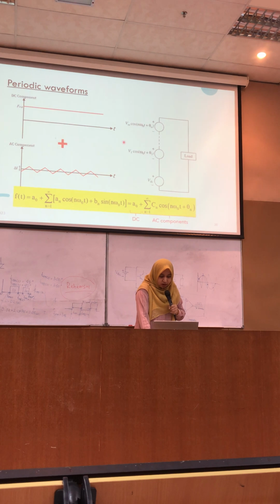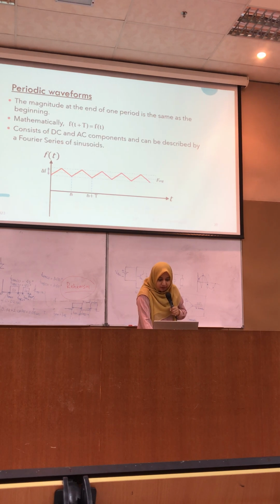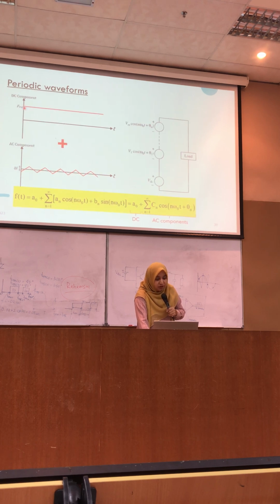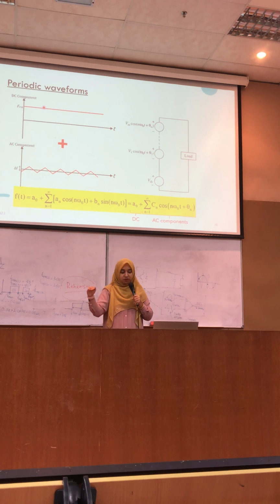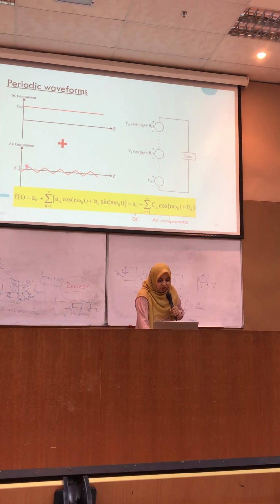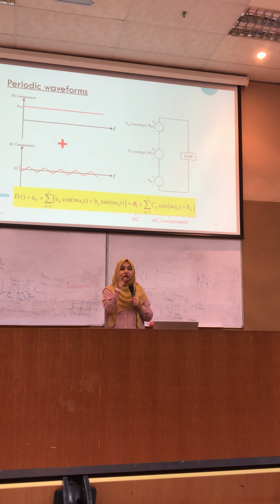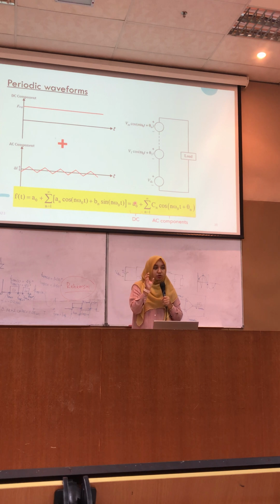From that periodic waveform, there is a DC component, which is your average value. Together with the AC components, we combine them and the shape will follow the AC components. If you have this Fourier series expression, f(t) equals a0, the initial component inside your Fourier series expression is your DC or average quantity.